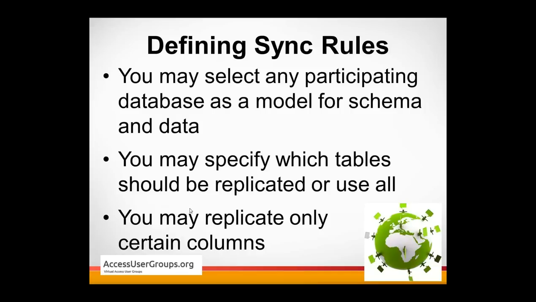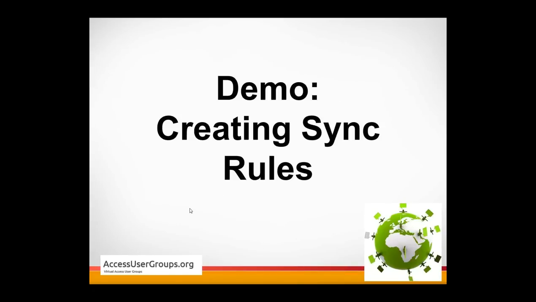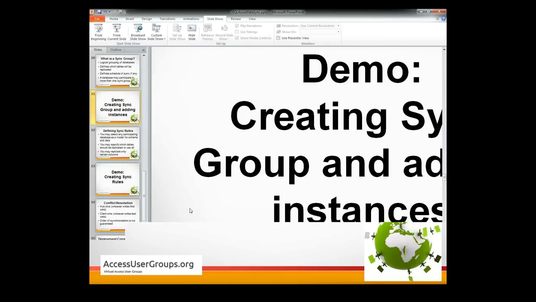For example, you can pick maybe just some parts, some columns. You don't have to do the entire one. You can just pick and choose what you need, which can be a lot better, and you can have a greater amount of management of these. And now we'll be talking about the syncing rules as well, and I'll show you a little demo.